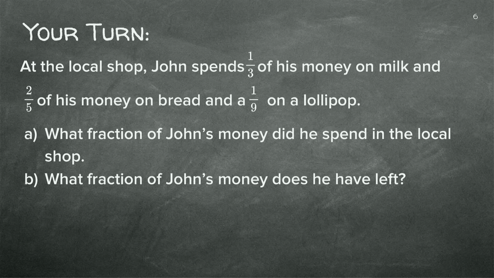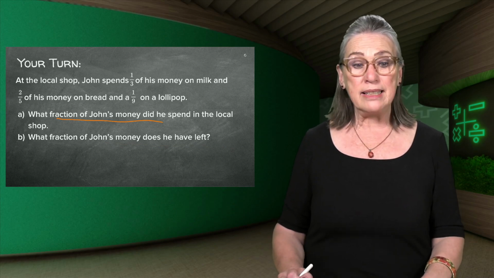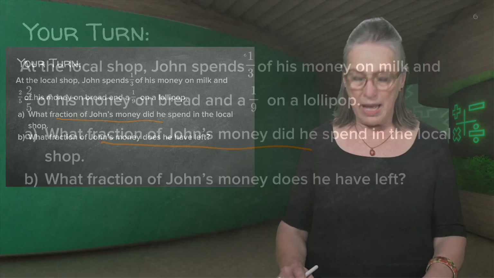Now they ask us, A, what fraction of John's money did he spend in the local shop? And B, what fraction of John's money does he have left? So pause and read the questions carefully. The first one is, what fraction of John's money did he spend in the local shop? So what do you think we have to do?